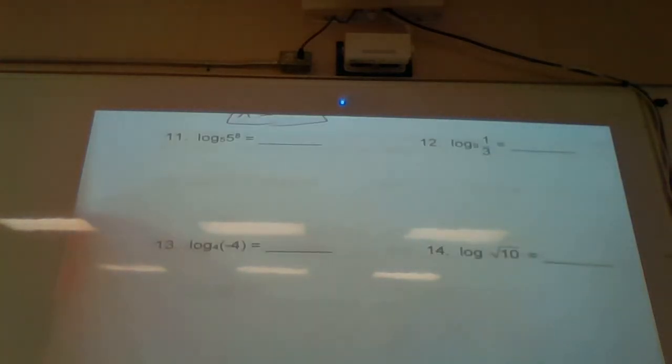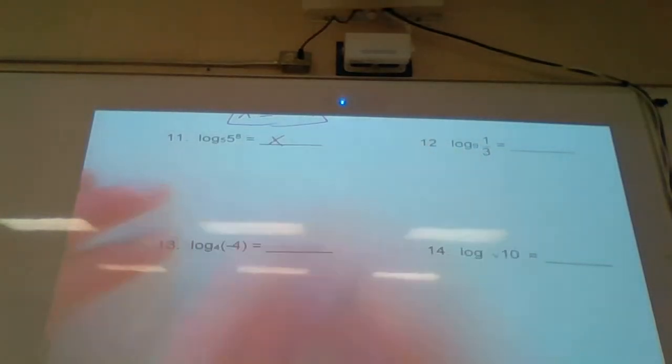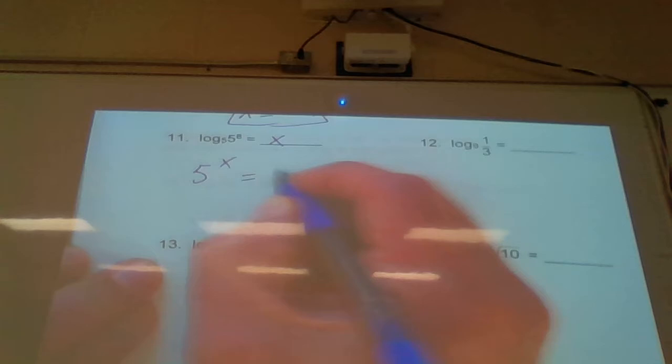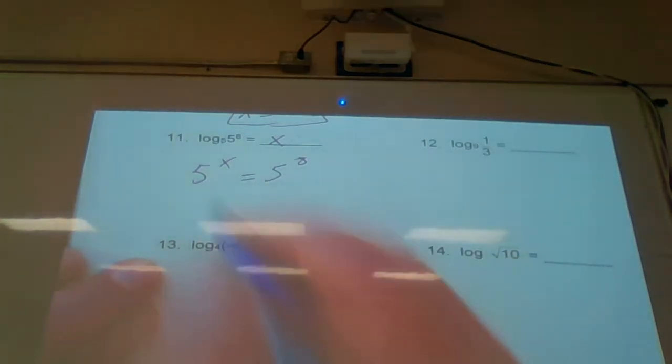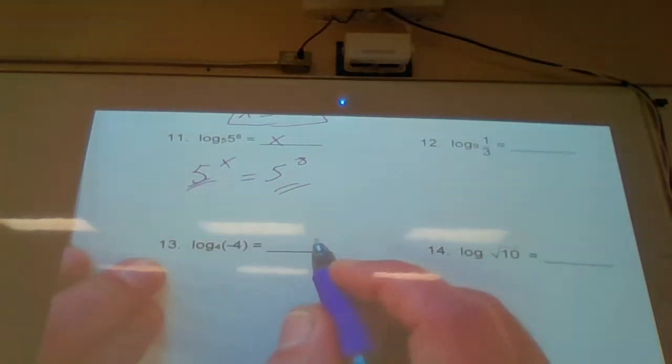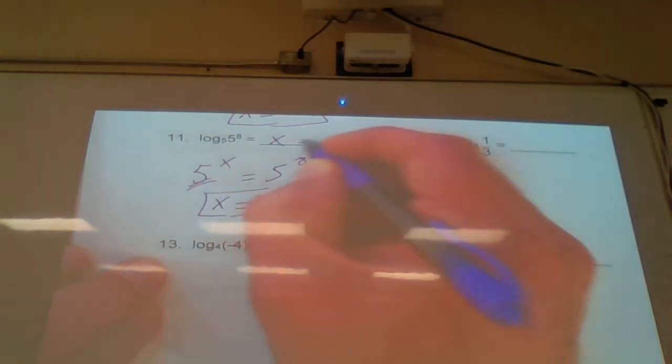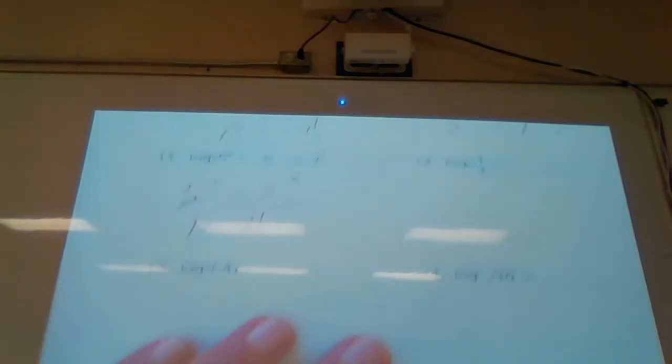Number 11, so here we go, let's call it x. That will give me 5 to the x is equal to 5 to the 8. Same base, I don't have to do much with this one. The rule says those powers are equal, so x is equal to 8.